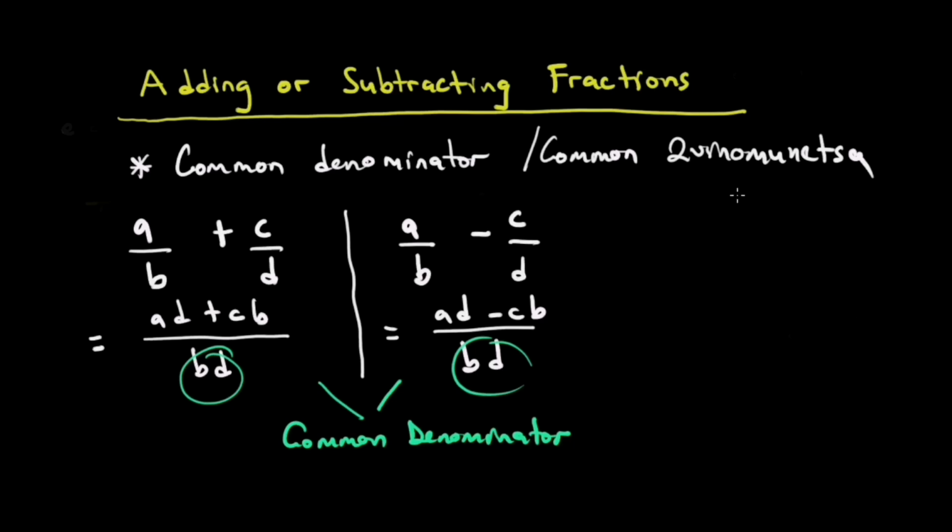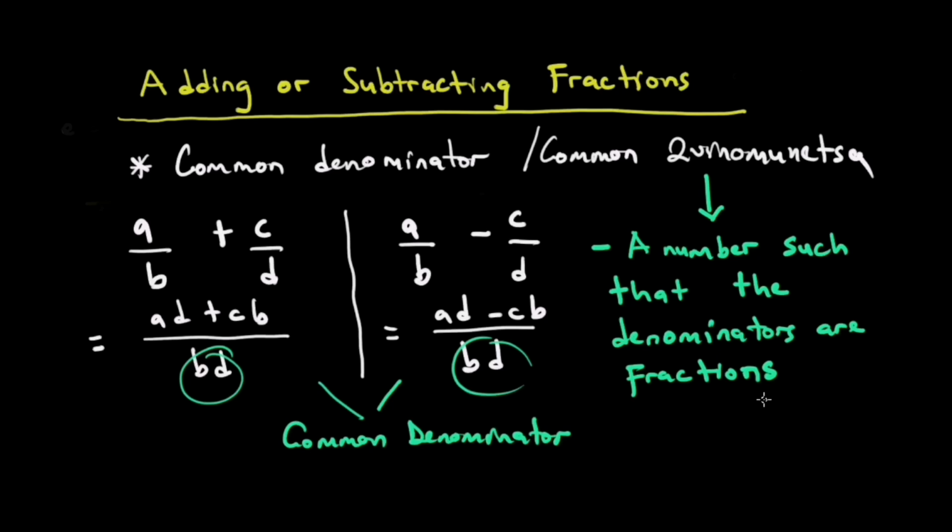Saka common denominator iyi yatangoipa nickname yekuti common zvinomunetsa. Chimbori chii? Uye kuti kana taiwana chinozoita sei addition kana kuti subtraction yemafractions. Saka common denominator, our first definition of a common denominator, it is a number such that the denominators are factors.